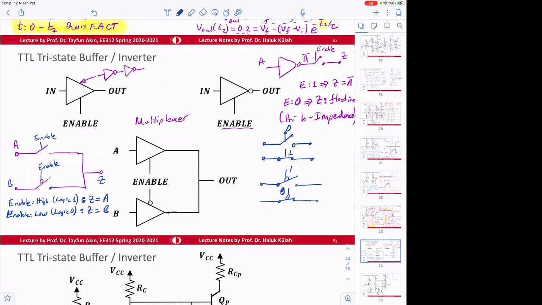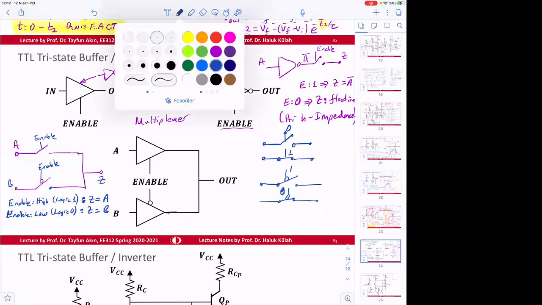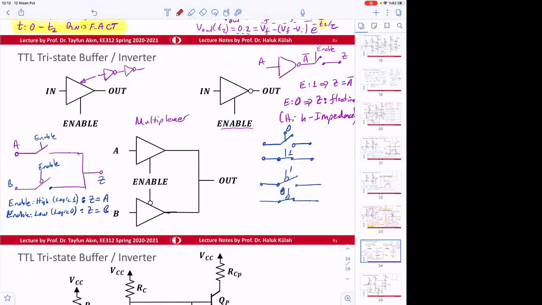Okay, let's select some colors and do this here. Let's say enable is high.